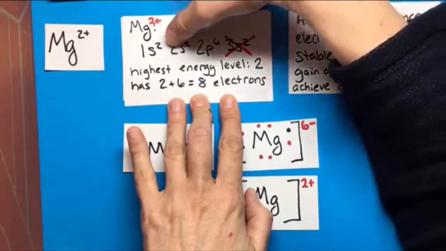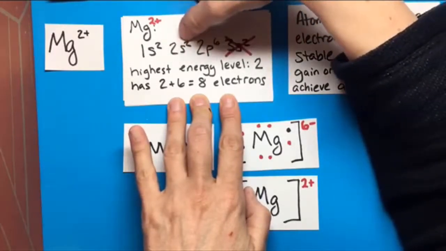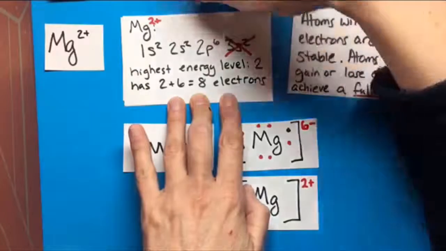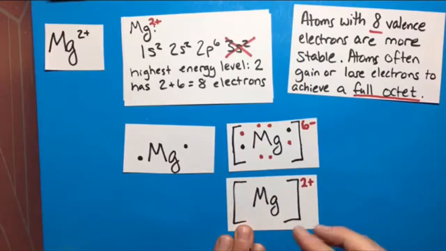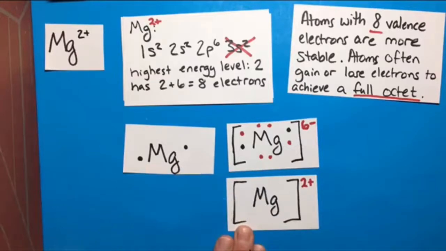The highest energy level is the 2nd energy level. And in the 2nd energy level, I have 2 electrons from the s sublevel and 6 electrons from the p sublevel. And 2 plus 6 is 8. So I have 8 electrons in the outer shell, although we don't draw it on the Lewis dot structure because what we're trying to represent is that we lost the 2 electrons that were in the 3rd energy level.